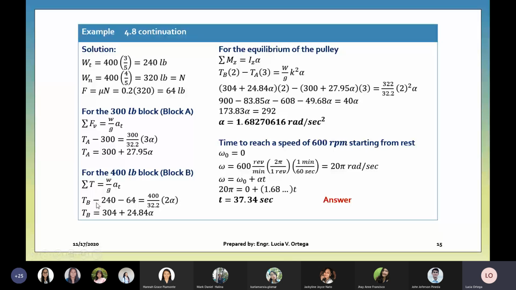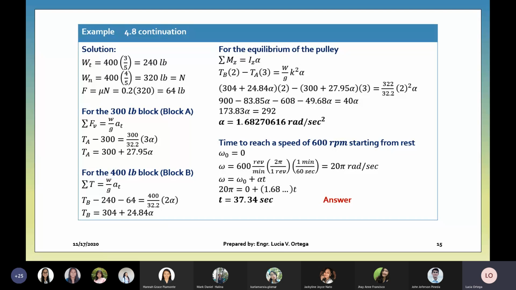So that is tangent to the surface. So summation of the tangential forces is equal to W over g times the tangential acceleration. T sub B minus the tangential component of the weight, 240, minus the force of friction is equal to W over g times acceleration, 2 alpha. So we have another equation.